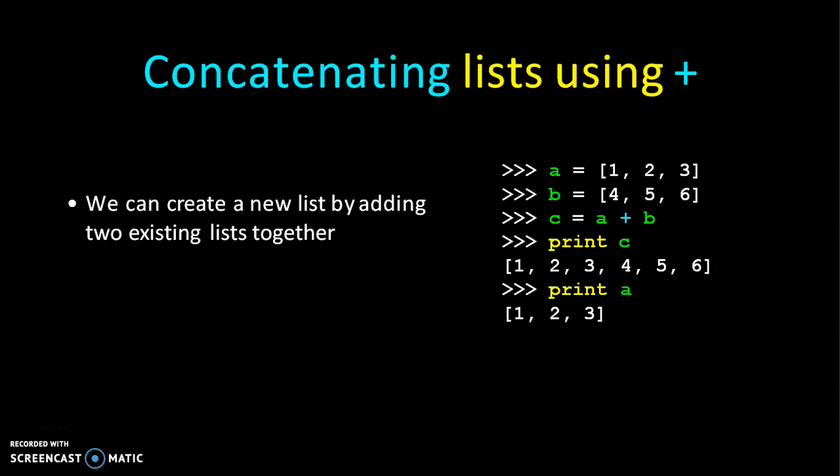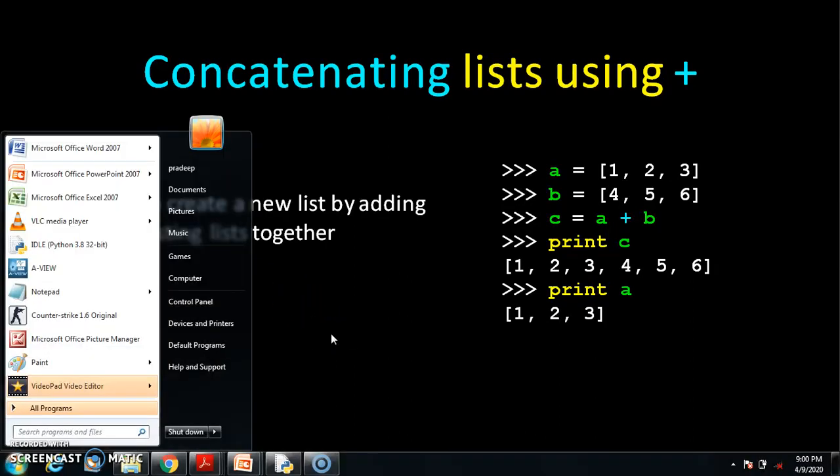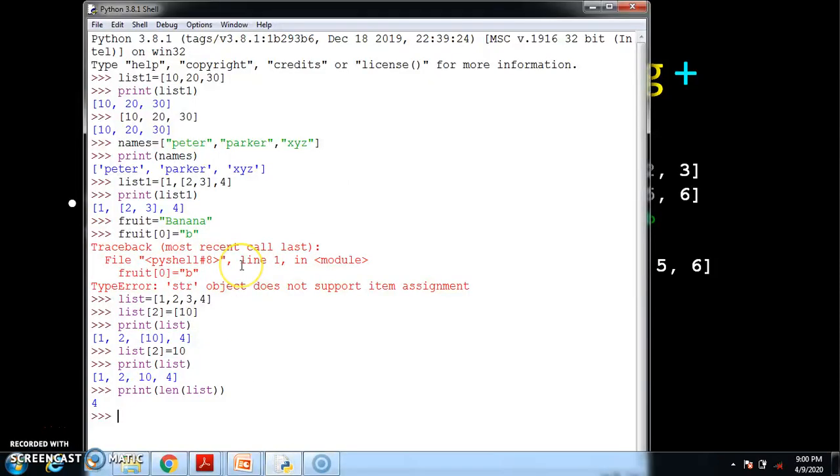So we can also concatenate two lists using the plus operator. As an example, we will try this in IDLE. Say for example I have two lists: a equals 1, 2, 3, and another list b equals 4, 5, 6.